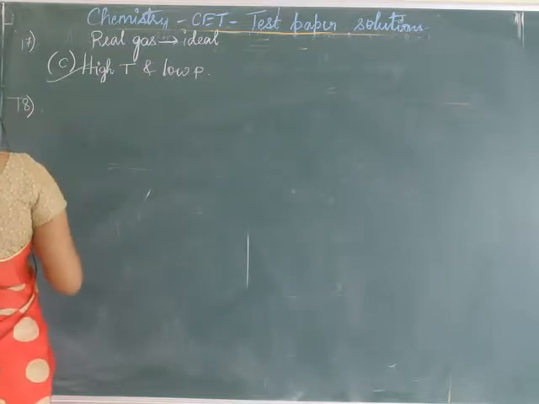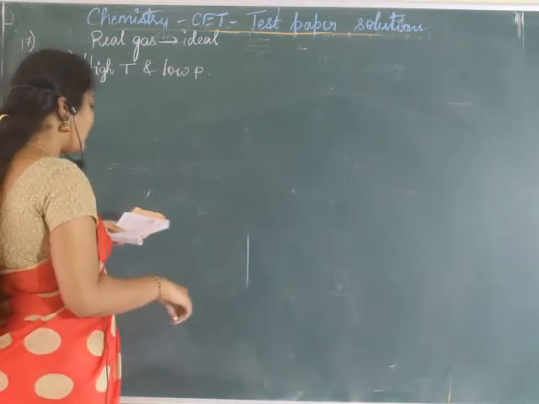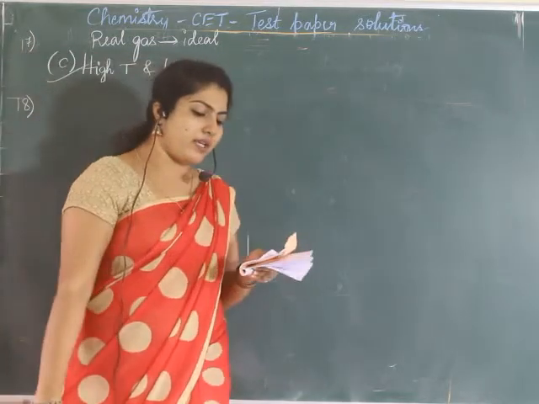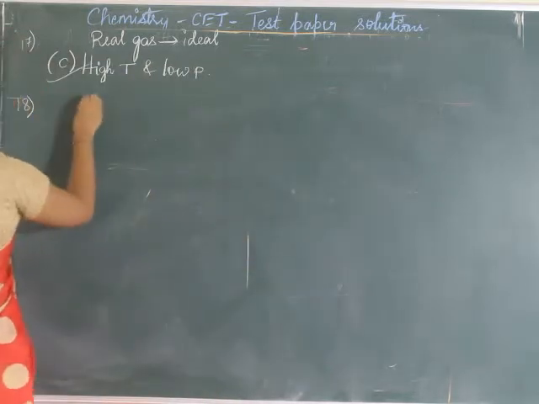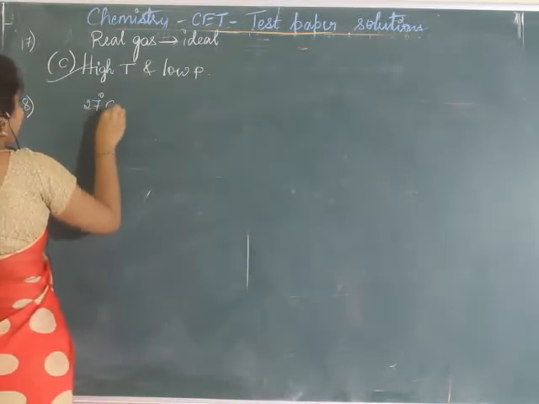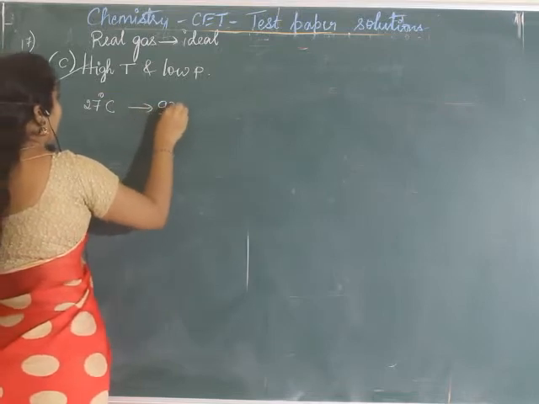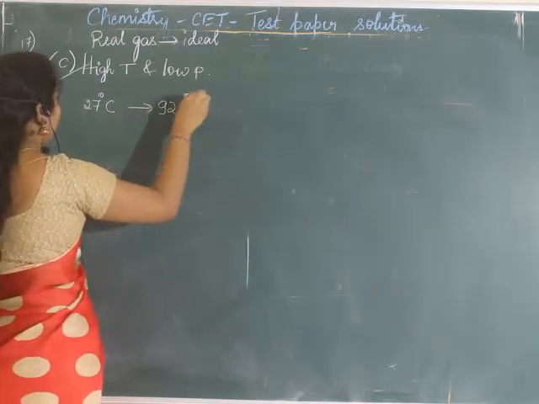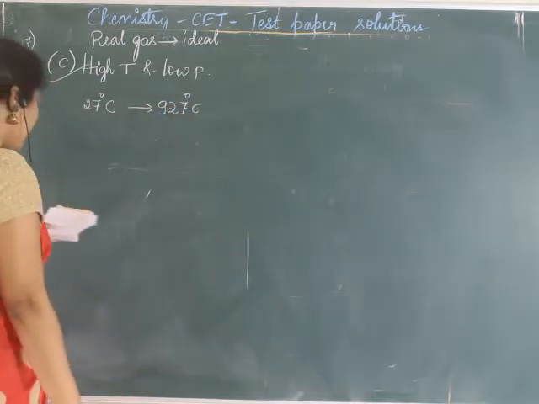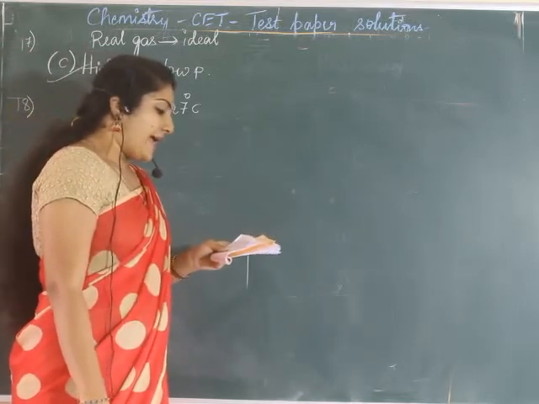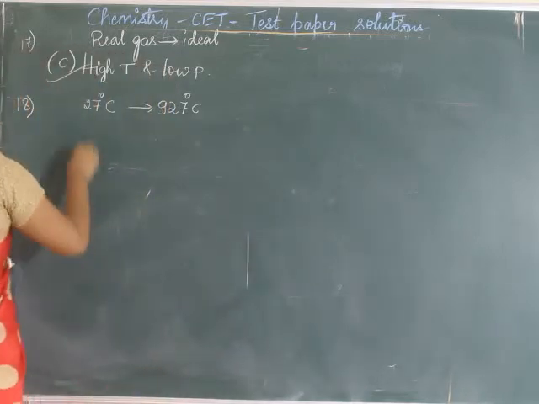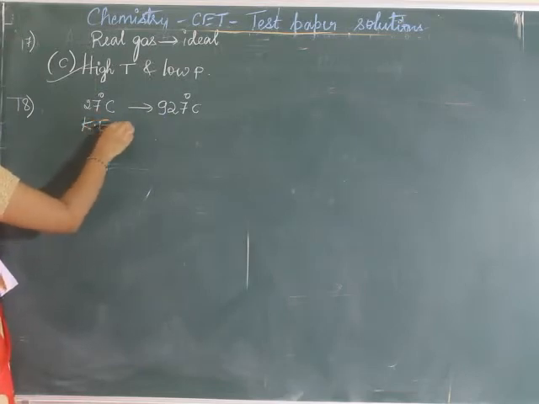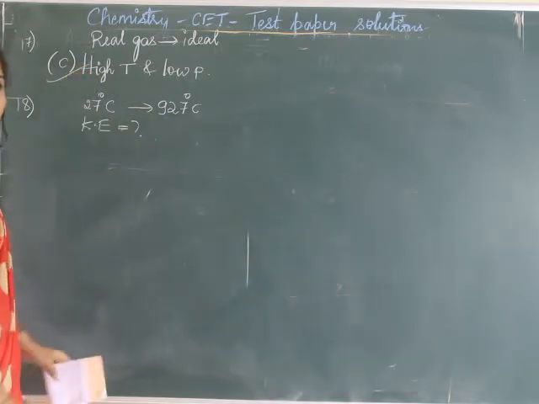18th one, when the temperature of an ideal gas is increased from 27 degrees Celsius to 927 degrees Celsius, how will the kinetic energy vary?